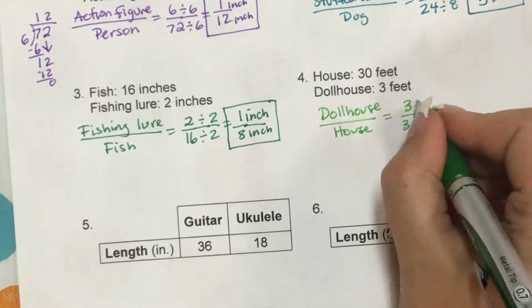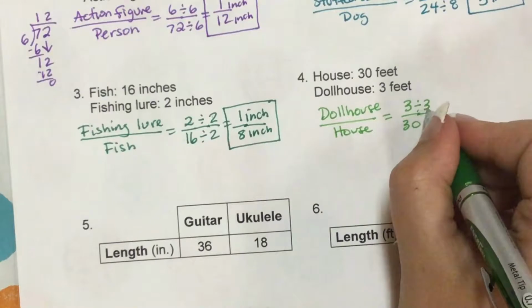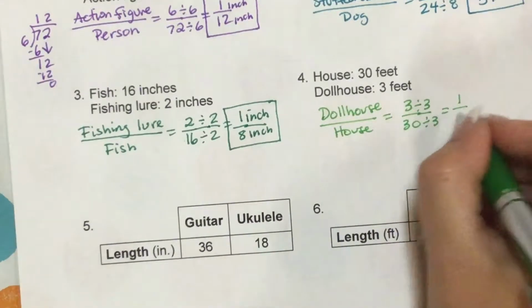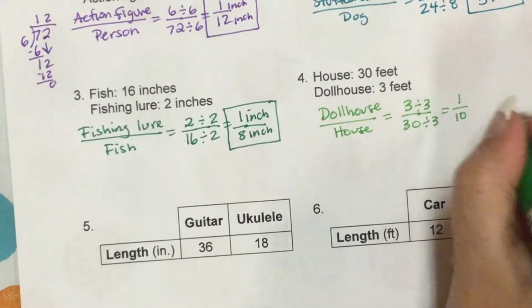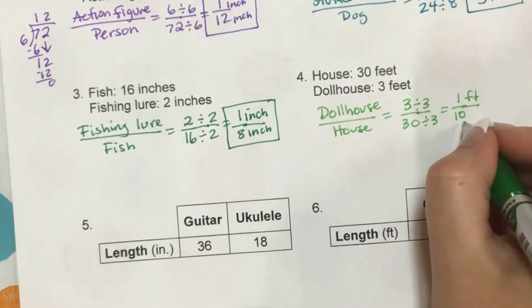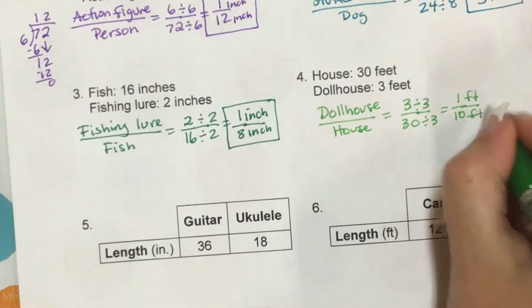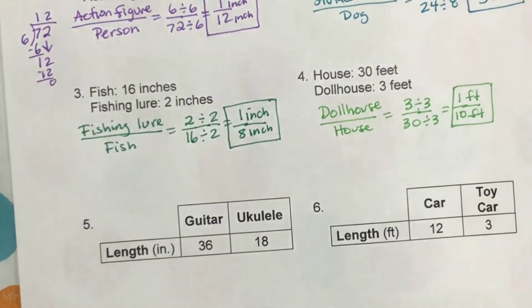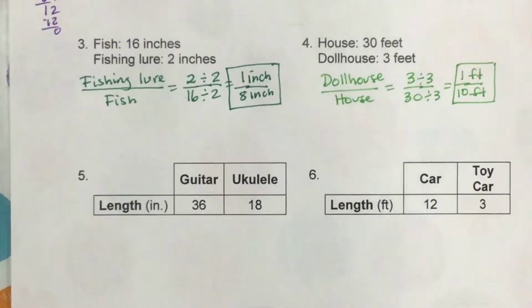To get a 1, we're going to have to divide this by 3. Whatever we do to the top, we have to do to the bottom. So 3 divided by 3 is 1. 30 divided by 3 is 10. That means for every foot that the dollhouse is, the actual house is 10 feet. And that is the scale factor. Perfect. If you got that one right, great job.